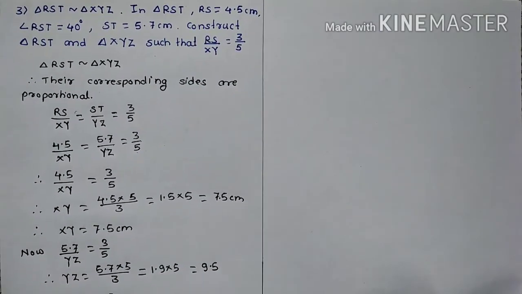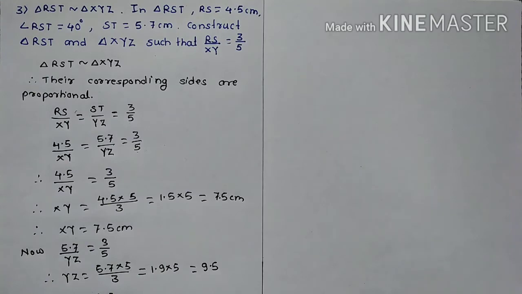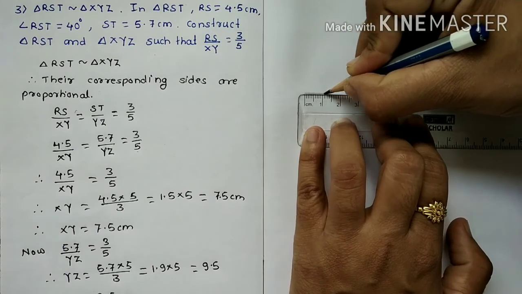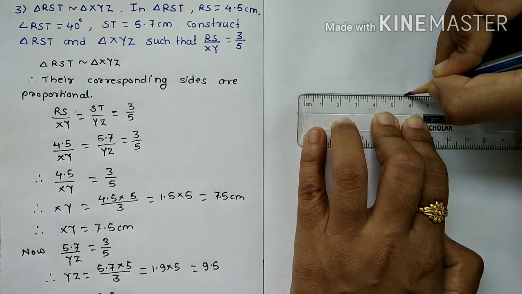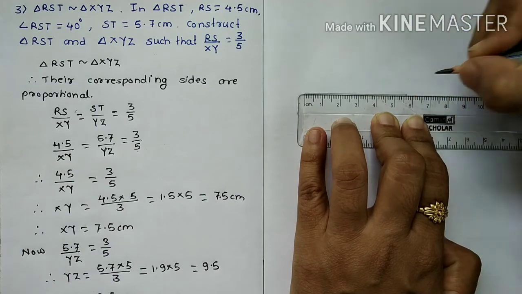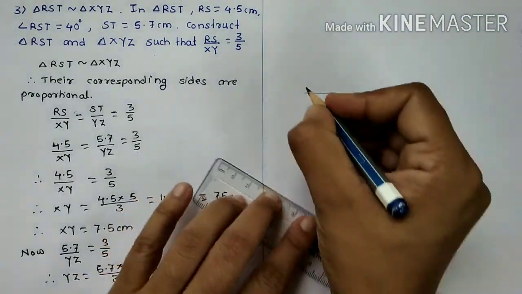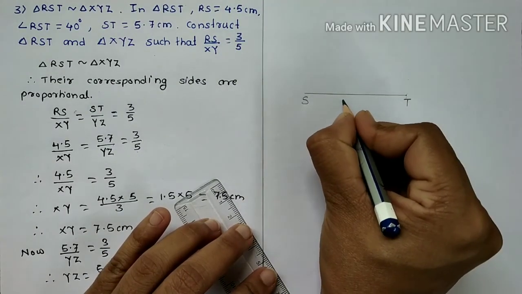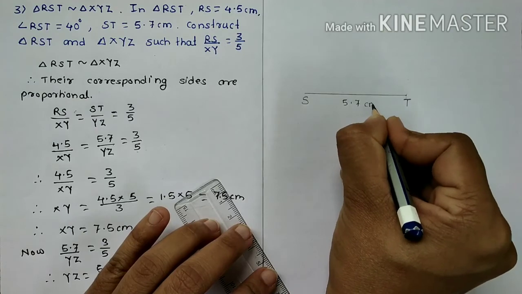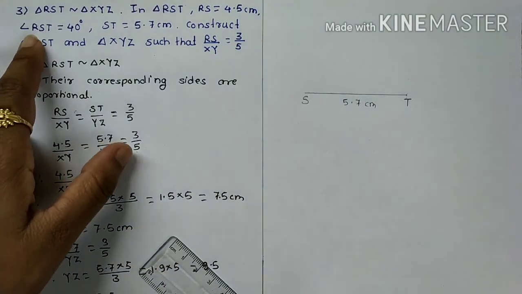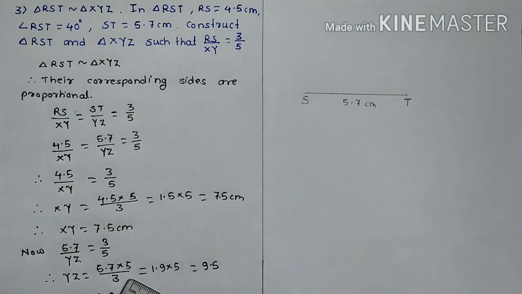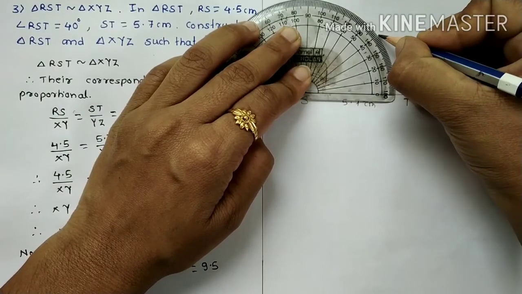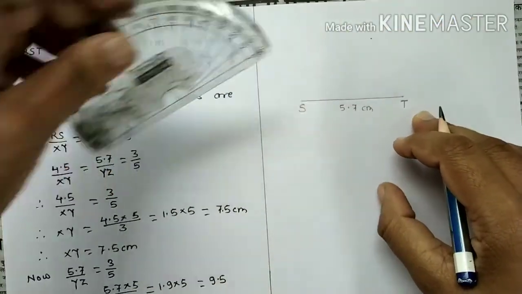First we construct triangle RST. ST is 5.7 centimeter. Then angle RST is 40 degree.